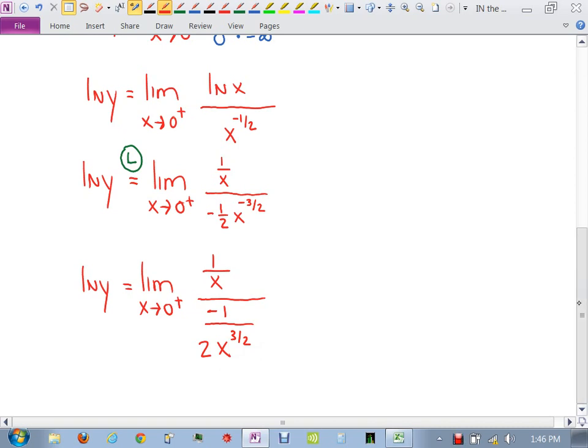Is that the same? Why did I do that? I'm going to flip it. Yep. Let me continue this here. Natural log y equals limit x goes to 0 from the right. Let's see. I'm going to get a 2x to the 3/2 on top over the x and then the negative 1 multiplied, so negative x.